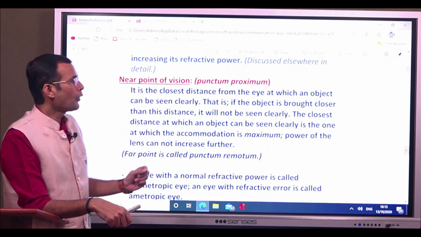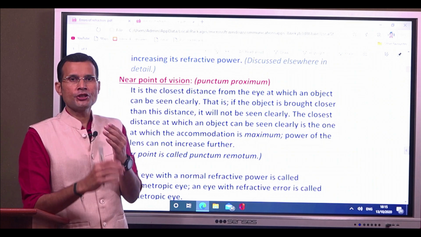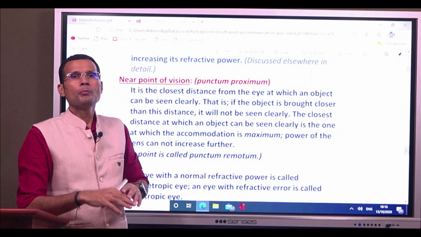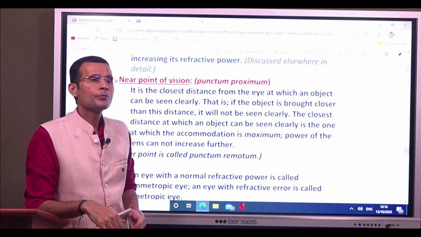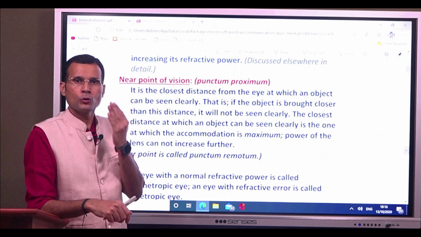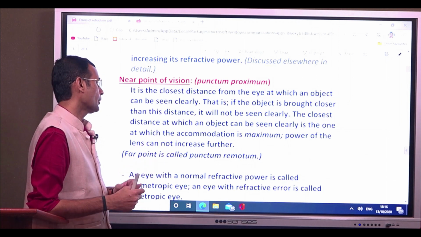So, near point means the nearest point from the eyes at which if the object is placed, its image will focus on the retina by the strongest accommodation changes in the eye, and therefore such an object can be seen clearly. If the object comes closer than that, image will not form on the retina, it will be blurred.